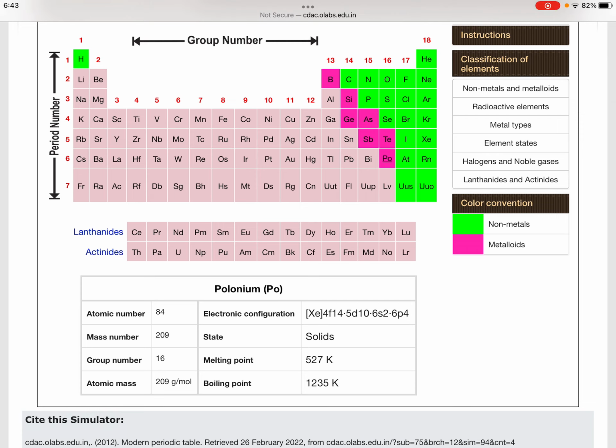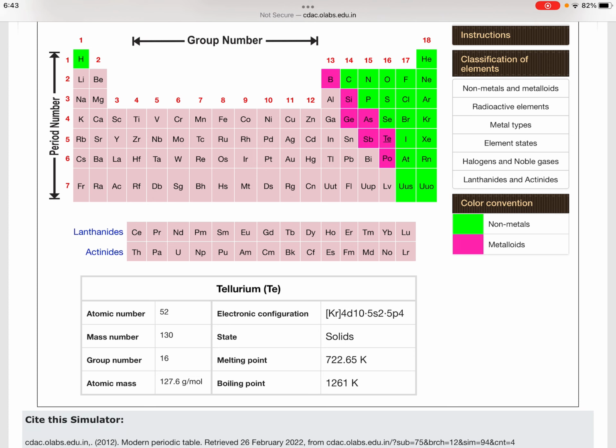So to answer question 3 on page 5 of the lab sheet, you will be clicking all the fuchsia boxes. Okay, so you can see that the boiling point specifically for polonium is going to be 1235 Kelvin. For tellurium it is 1261 Kelvin.